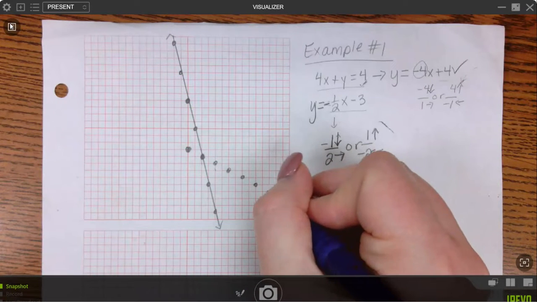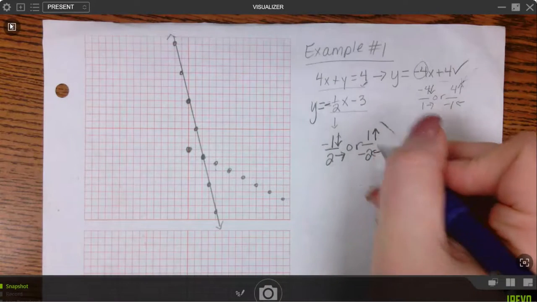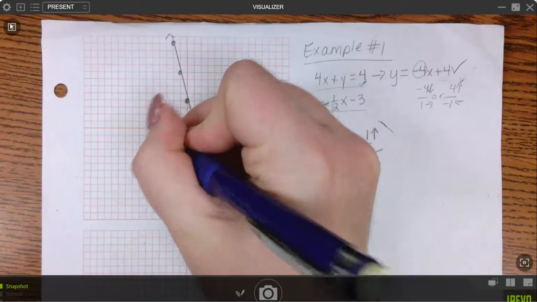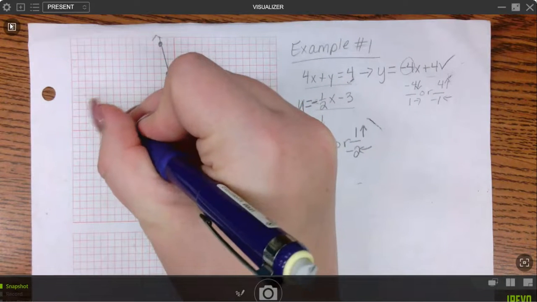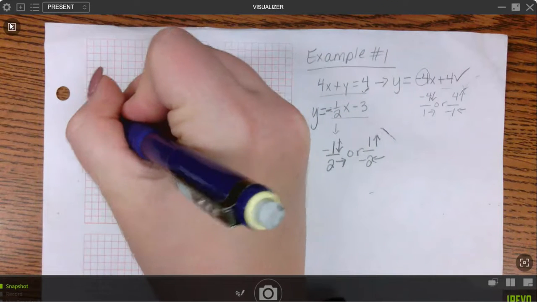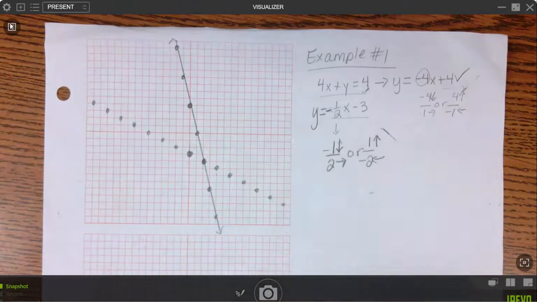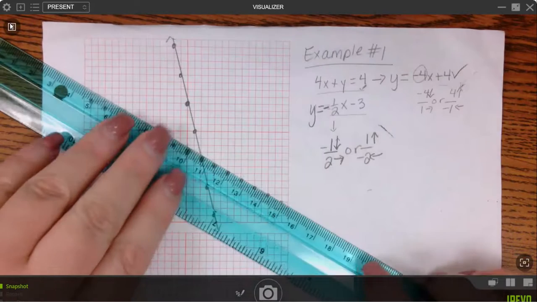And we're going to continue that pattern. Or you can go up 1 and left 2. You can get a lot of nice points on this graph. Okay, so once you have all those points, make your line.